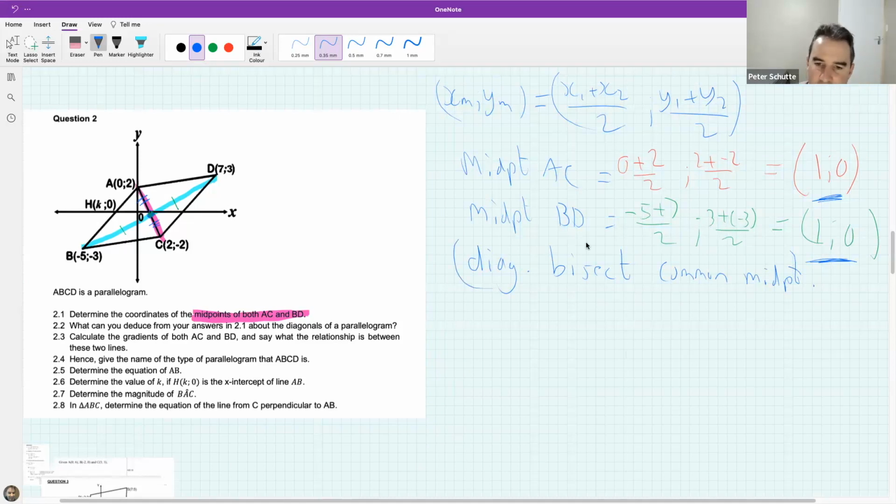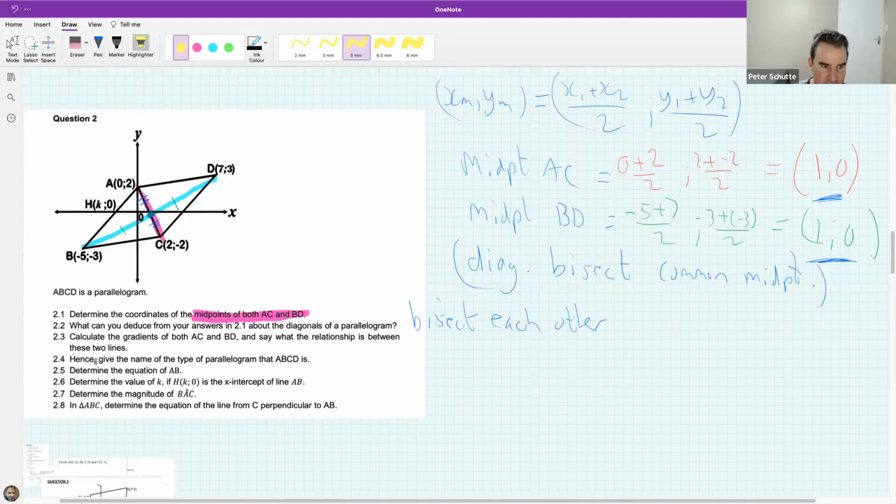Okay. And so that's quite important because when diagonals bisect each other, it means something about the shape that they're in. Okay, so 2.2 says, what can you deduce from your answers in 2.1 about the diagonals of the parallelogram? You can deduce that they bisect each other. They cut each other in half when the midpoints are the same.